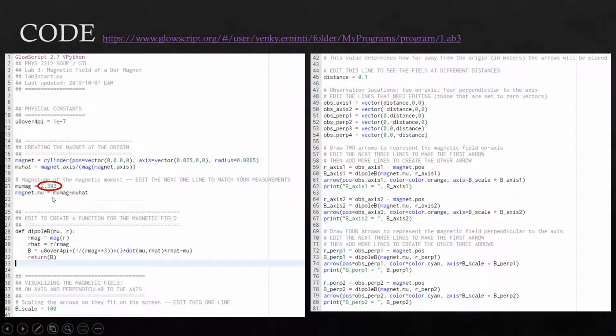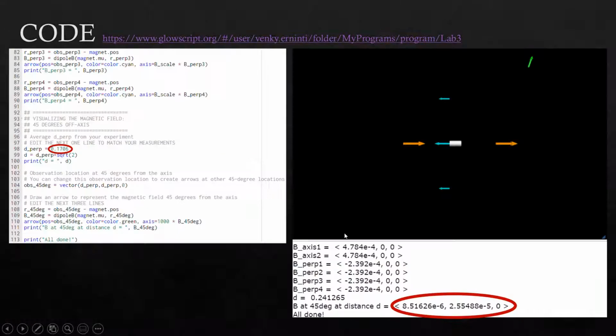So in the code, I put in my value for mu, the magnetic dipole of 2.392. And then over here, the code creates magnetic fields at two observation locations on axis and 4 observation locations perpendicular to the magnet. It also creates a magnetic field at a location of 45 degrees, the same distance that I used in the experiment of 0.1706 meters away from the magnet.